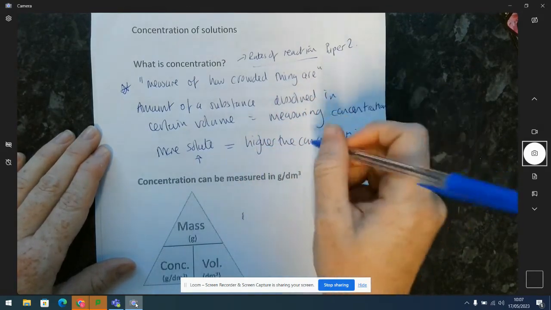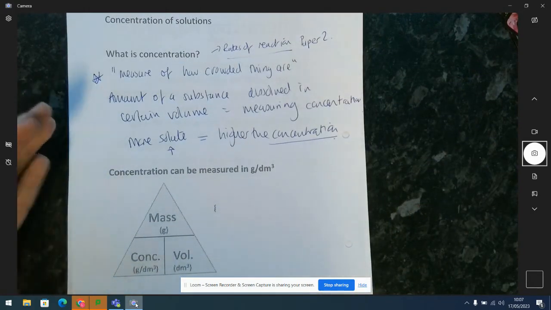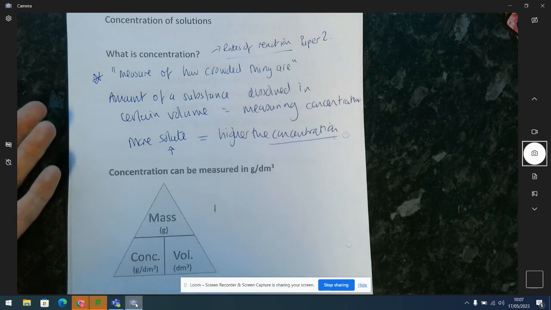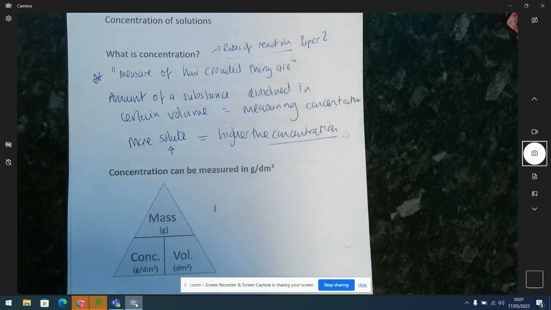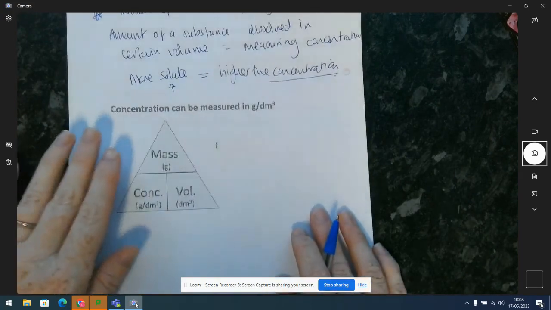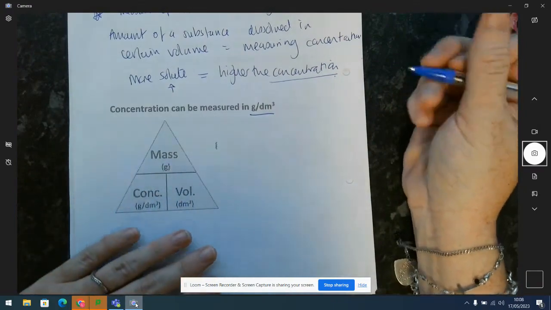Now, you are expected to be able to use the concentration calculation in two ways. One way is through the titration required practical, and the other is through looking at reacting masses. I want to start with concentration in terms of mass.